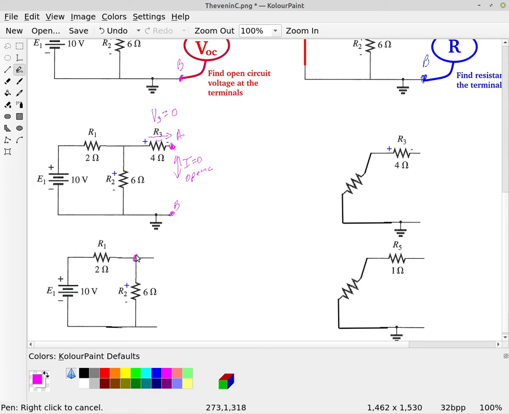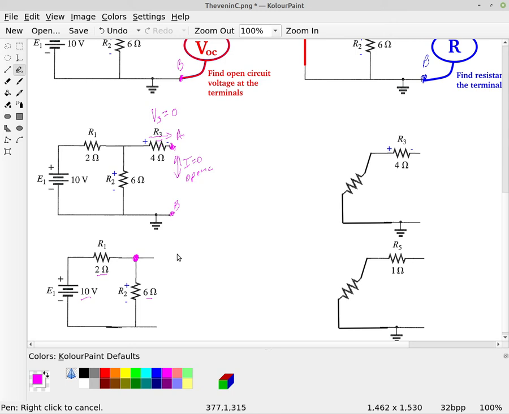For this circuit, this turns out to be just a simple voltage divider. We have a 10 volt supply with a 2 ohm resistor in series with a 6 ohm resistor, and we want to find the voltage across the 6 ohm resistor.